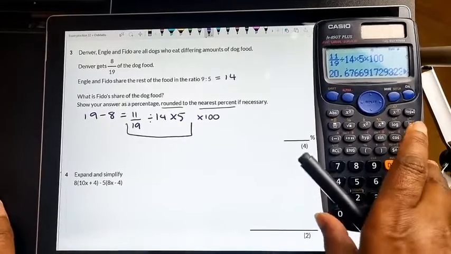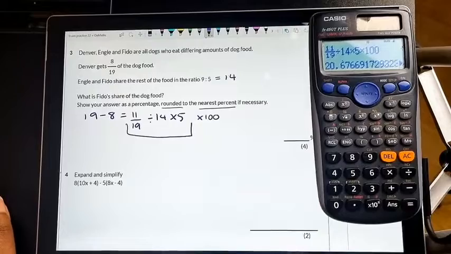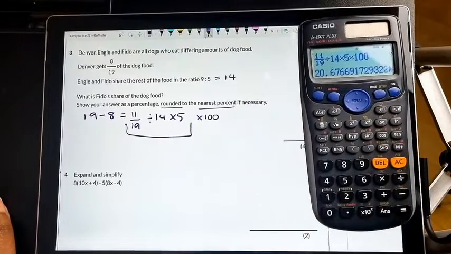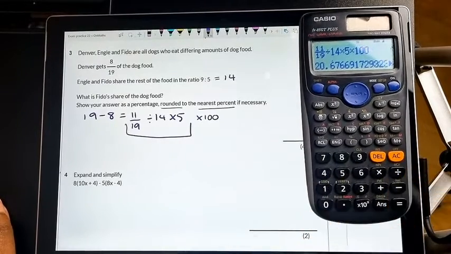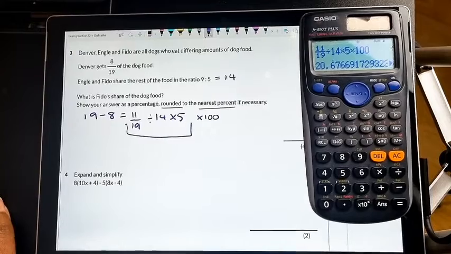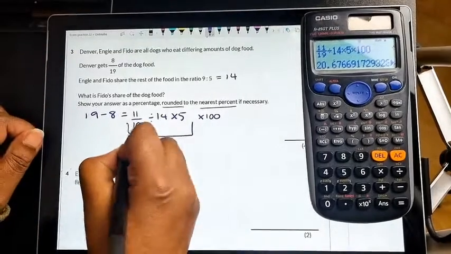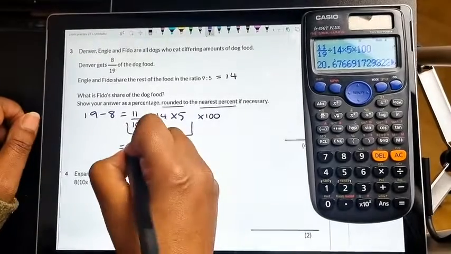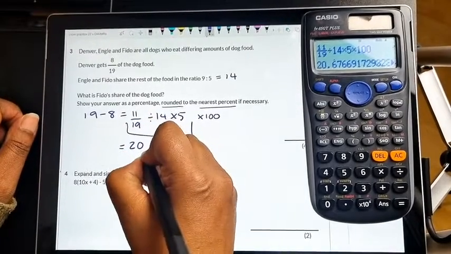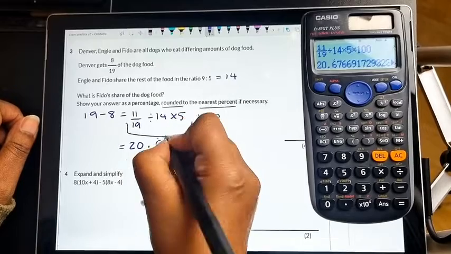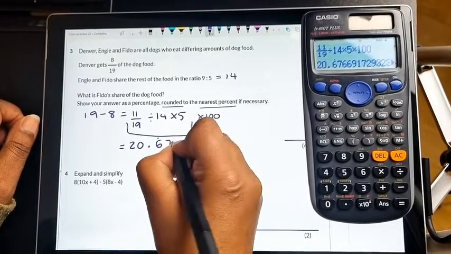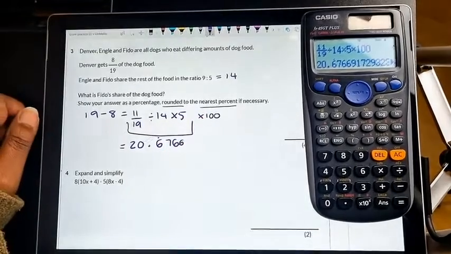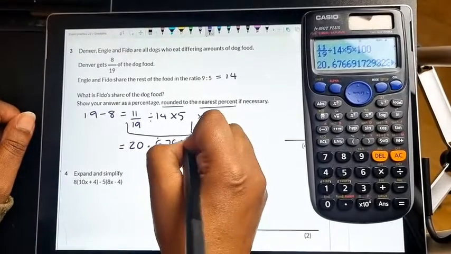So we can see on yours, if you can see on mine as well, it is 20.6766. So I always say write down as many as you can, at least up to 4 decimal places, so the examiner knows where you got the information from. 6 recurring, and then you have 7, 6, 6, 9.